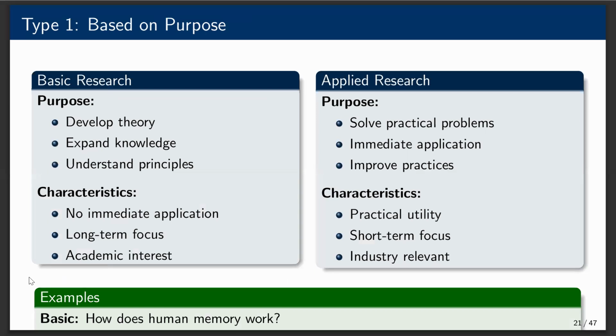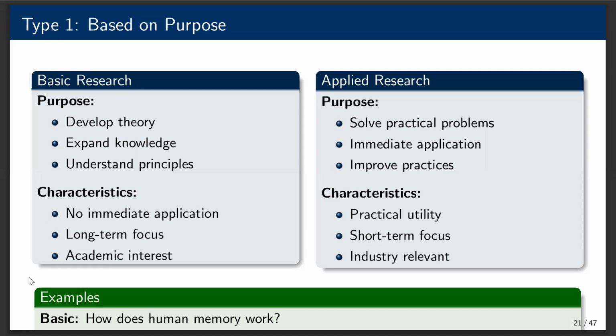So now the first type, based on purpose, basic research versus applied research. For basic research, the purpose is to develop theory, to expand knowledge, to understand principles. The characteristics are no immediate application, long-term focus and academic interest.